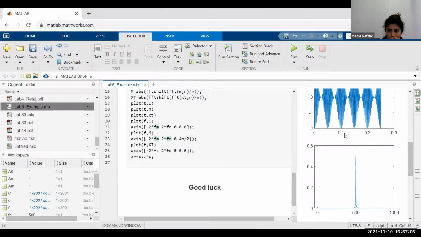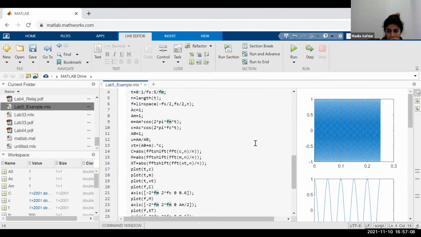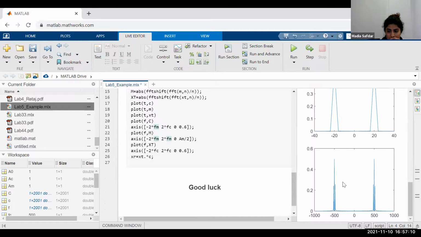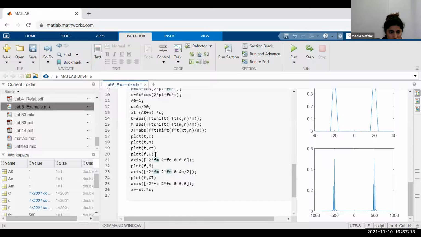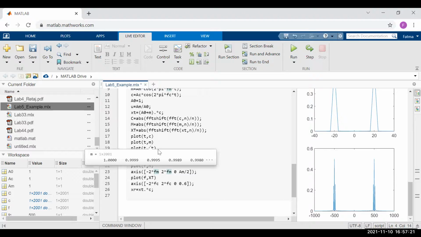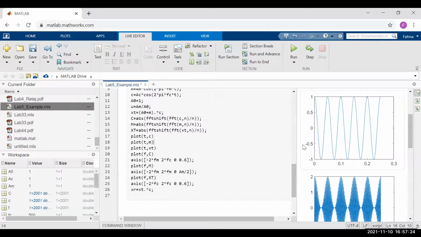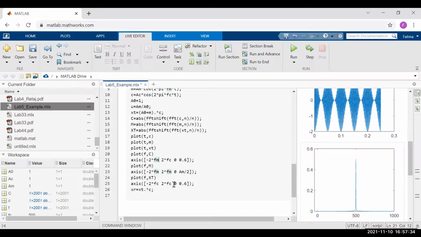What happens here? Here is the carrier, this figure. Oh, the first one, miss. The first axis, it will be FC, not FM. Right?